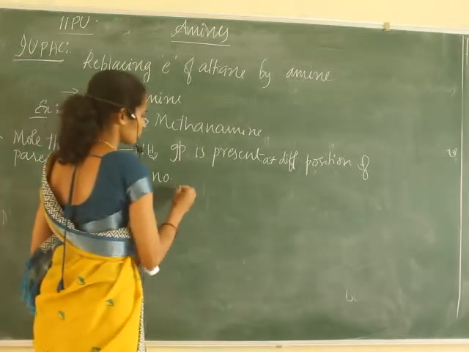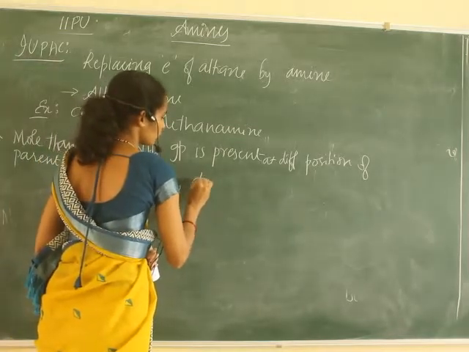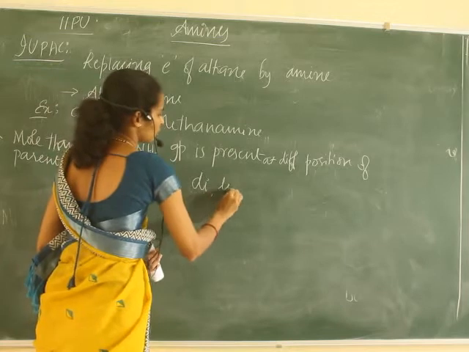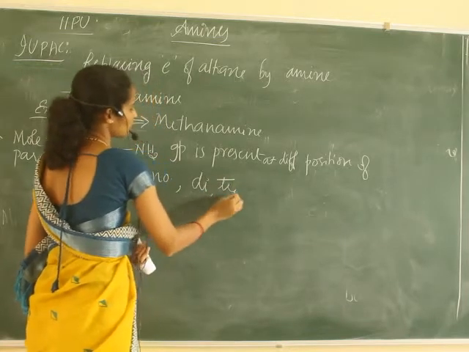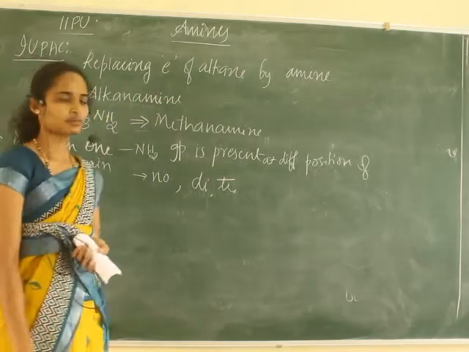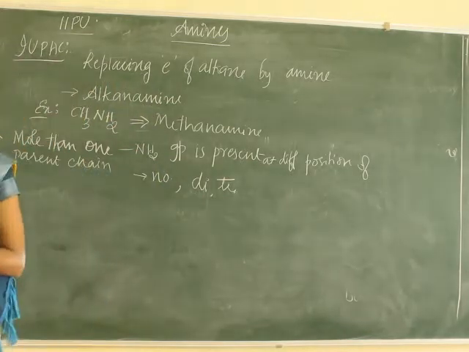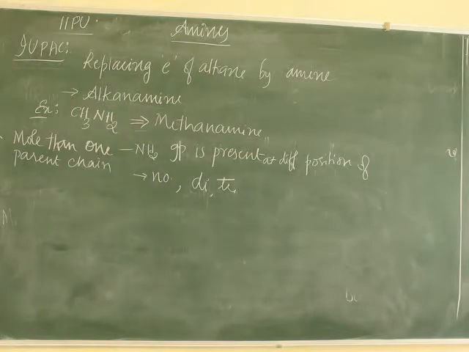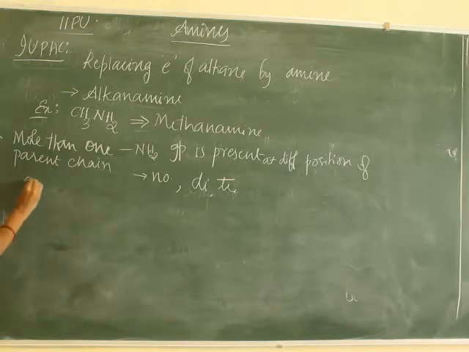And one more thing, if more than one NH2 group is present, multiplicative prefixes are used: di, tri, etc. Diamine, triamine, like that. And one more thing, the end E of alkane is retained.